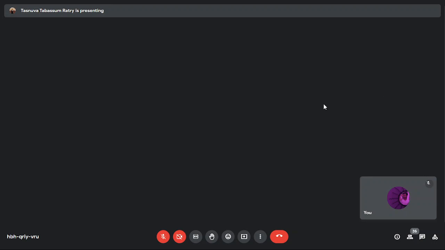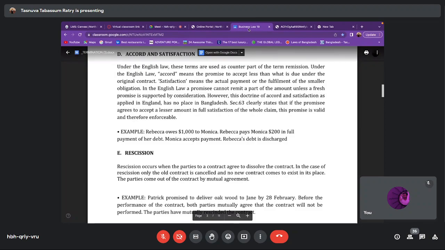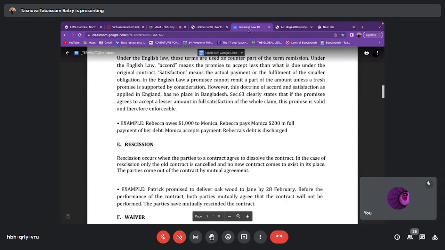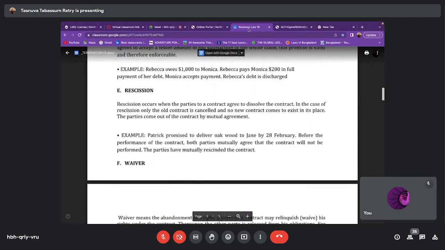One is defined in the English law, one is defined in the Indian Contract Act. Okay? Both have the same definition. The difference is the term accord and satisfaction is used in the English law. The term remission, on the other hand, is being used in the Indian Contract Act 1872. Now, yeah, so that's pretty much it.